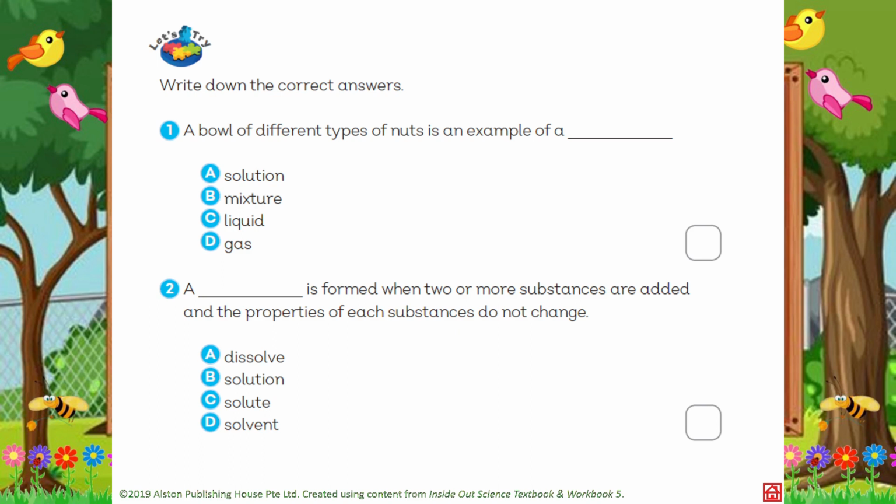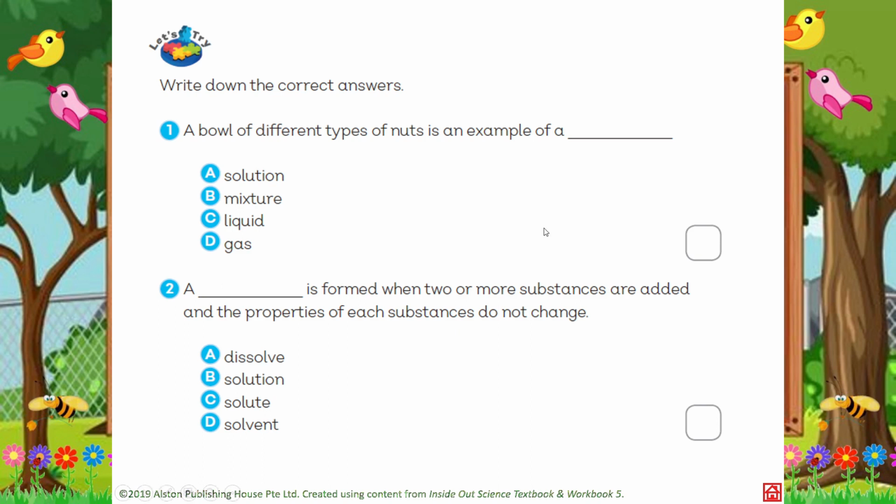Okay, so let's begin. Number one, a bowl of different types of nuts is an example of a blank. So when you put different nuts into a bowl, for example, cashew nuts and peanuts and also almonds, and you mix them together, is this a form of A, solution, B, mixture, C, liquid, or D, gas?